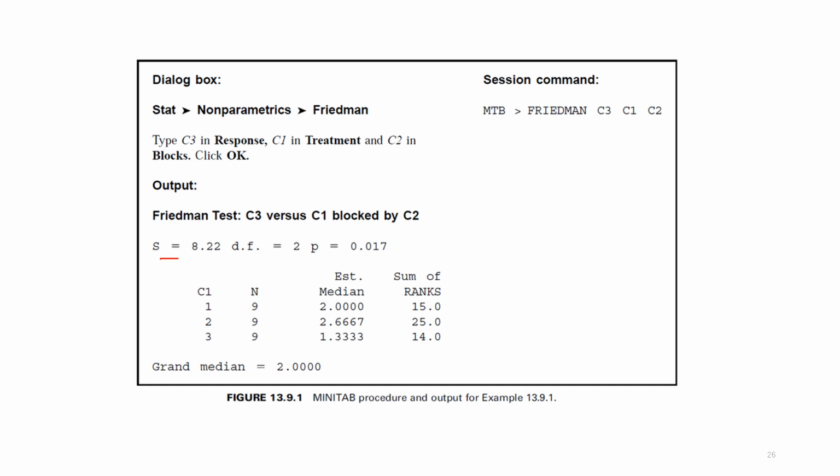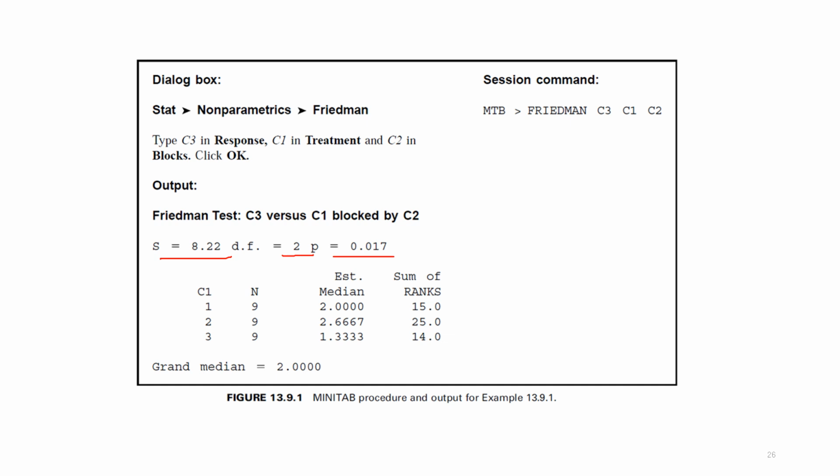Based on this, we look at the table here. Our calculated chi-square value is 8.22. Then degrees of freedom is 2 because there are 3 groups, so k minus 1 is the degrees of freedom, 2. Then the probability is 0.017. What does it mean?